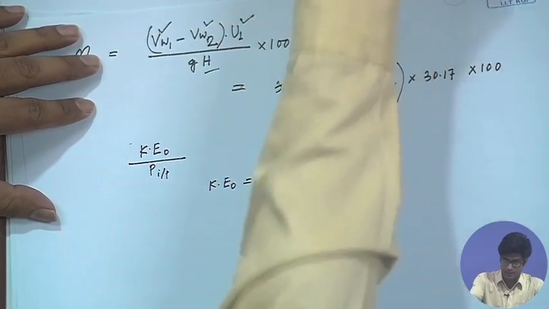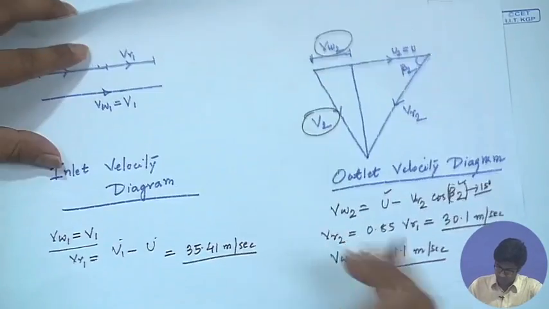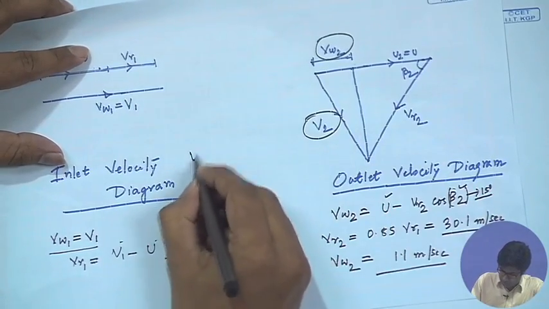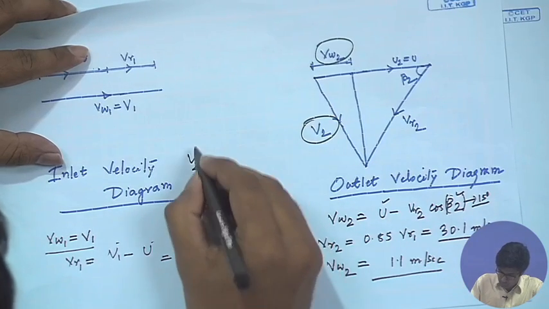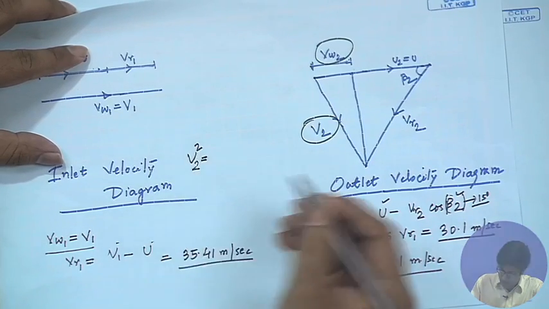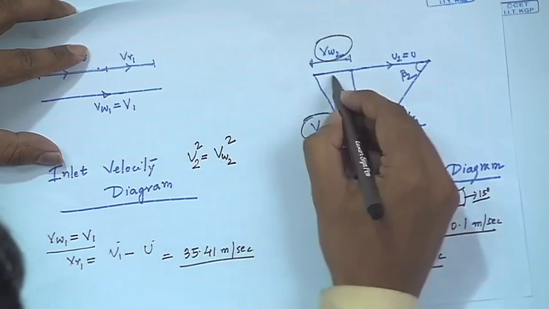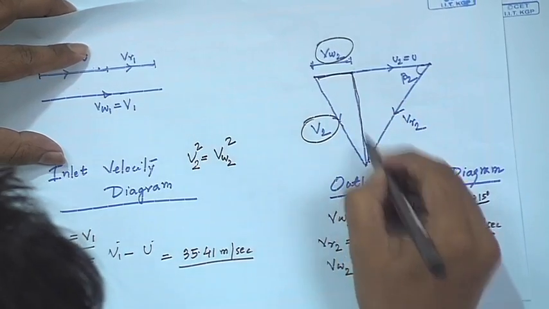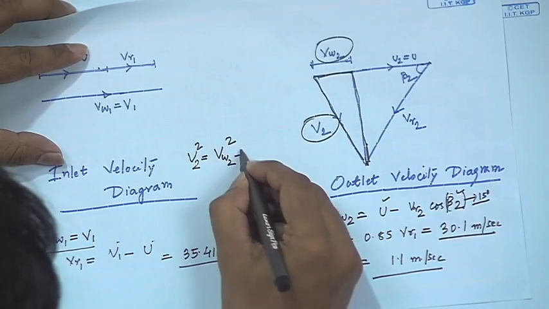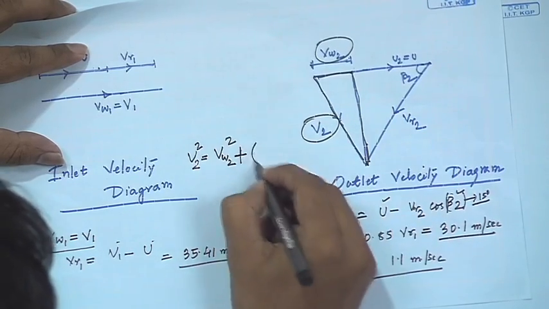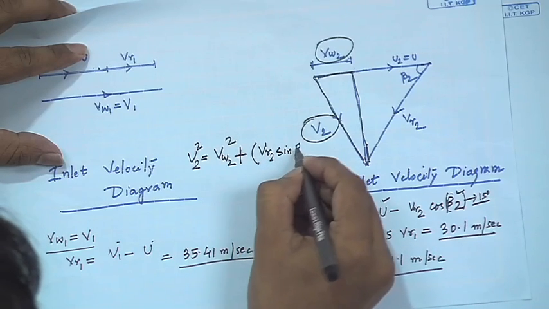Now, from the velocity diagram, we have to find out V2. As you can see, V2 square is given as VW2 square from this triangle plus VR2 sin beta 2 square.